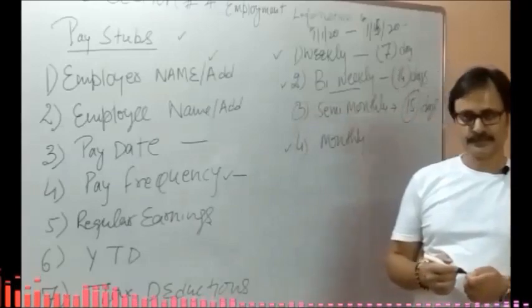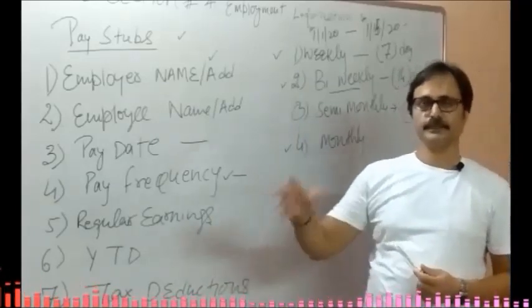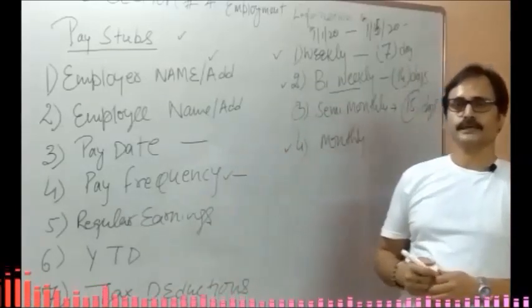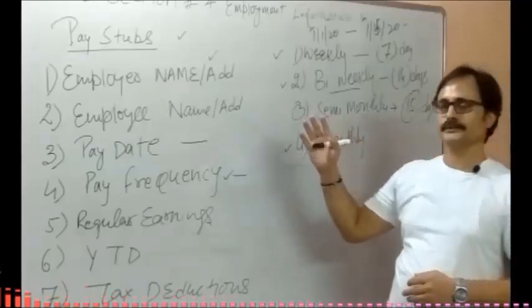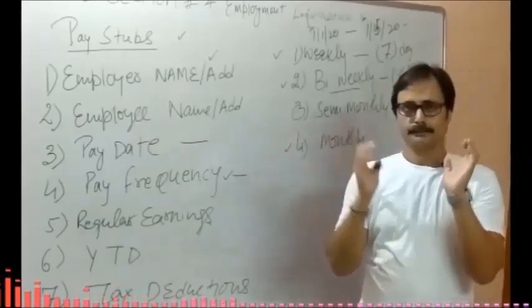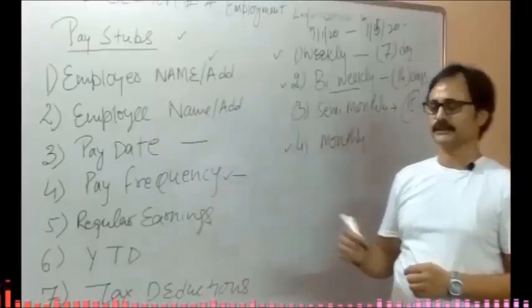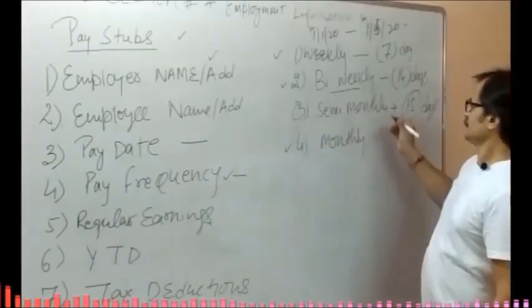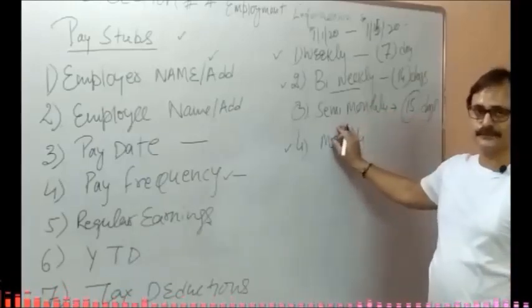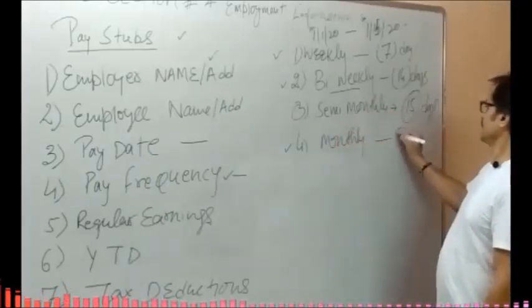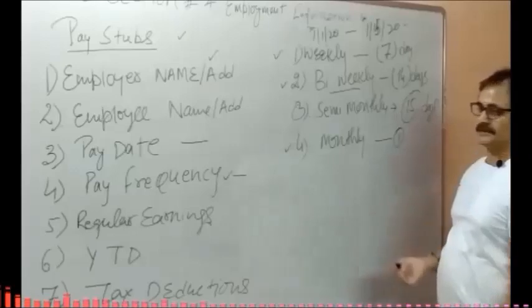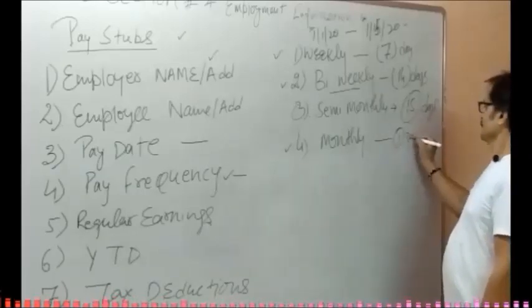We will not get paid for the rest of the 3 days, but we will get paid for the next 14 days, so that pay will go from 29th to 12th. That is how it is going to cover. So bi-weekly, then semi-monthly for 15 days, and monthly we know is the entire month, so 30 days at least.